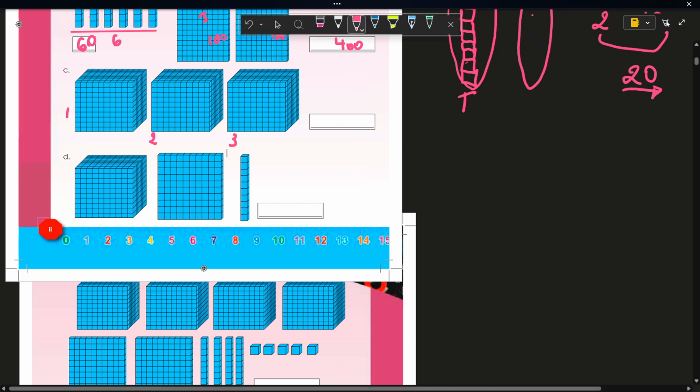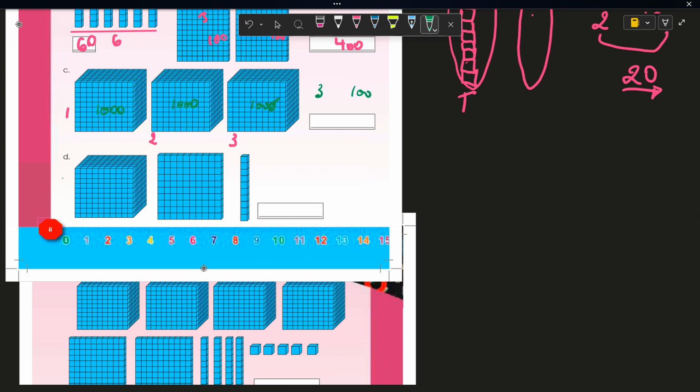Maybe for more clarity, I can change colors. So right here this is 100. No, it's 1,000 actually. We have another 1,000 here, and another 1,000 here. So we have 3 objects, each of them a thousand. Our answer here will be 3,000.